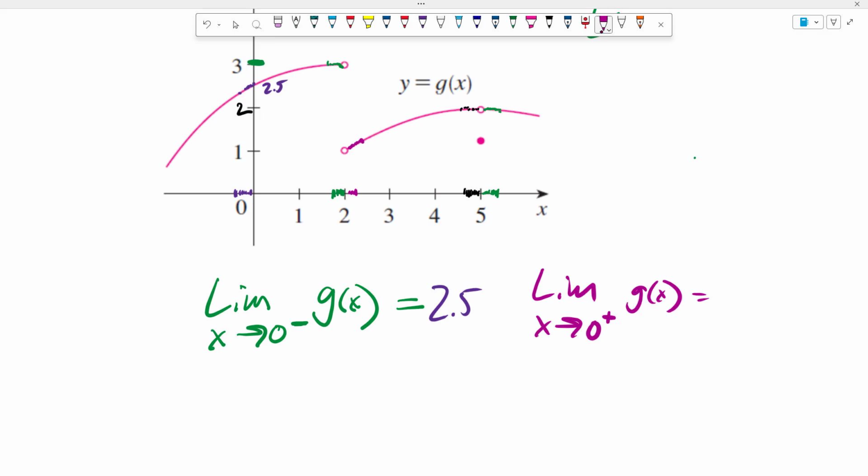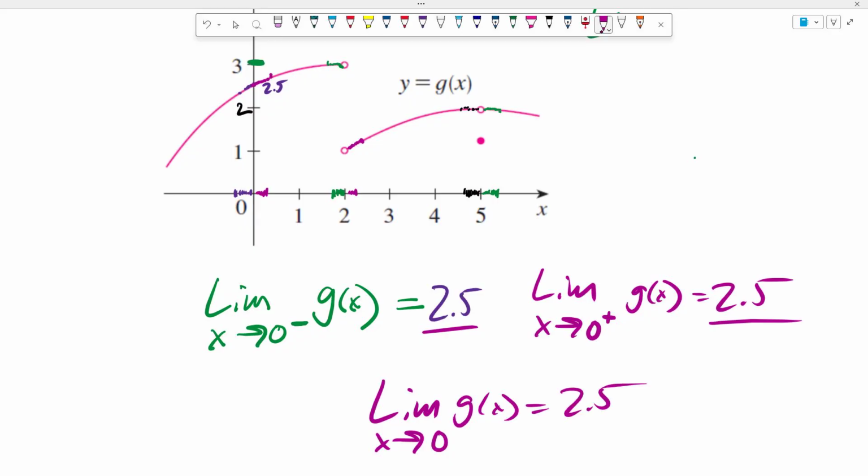As x approaches 0 from the right, f of x gets closer and closer to 2.5. And what is the limit as x approaches 0? 2.5. And what is g of 0? 2.5. Is it continuous at 0? Definitely. Okay.